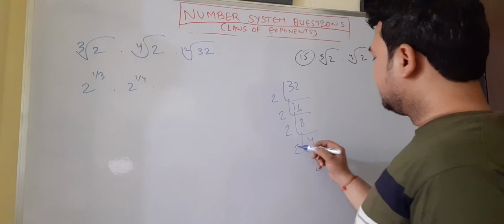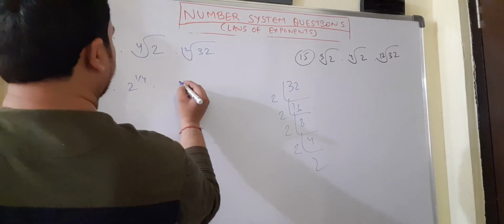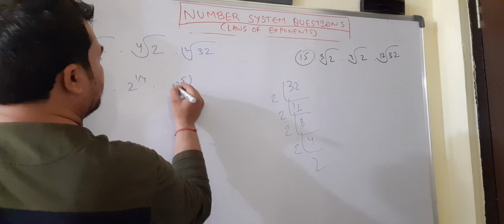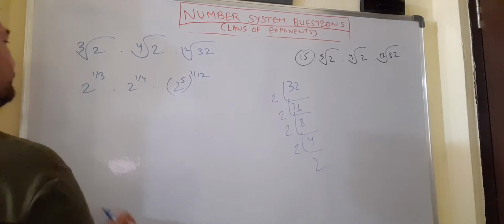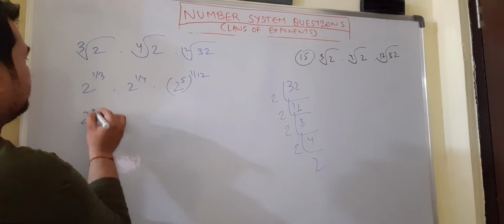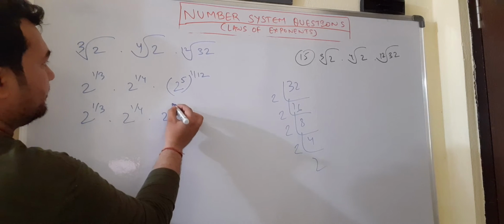Isn't it? 2 to the 4 to the 8 to the 16 to the 32. 1, 2, 3, 4, 5. 2 to the power 5 is already there, and 12th root. So this is 2 to the power 1 by 3, this is 2 to the power 1 by 4, and this is 2 to the power 5 by 12.